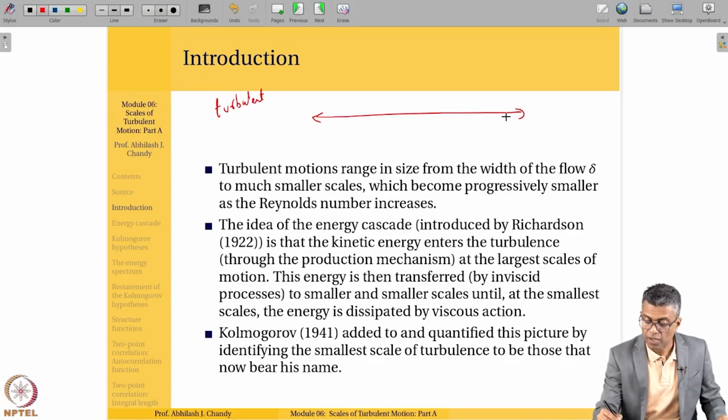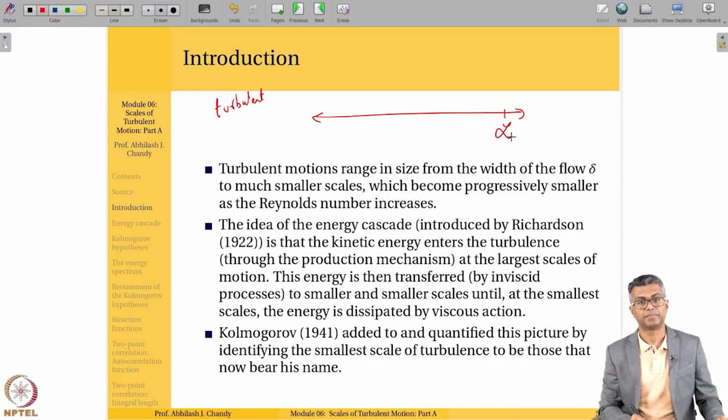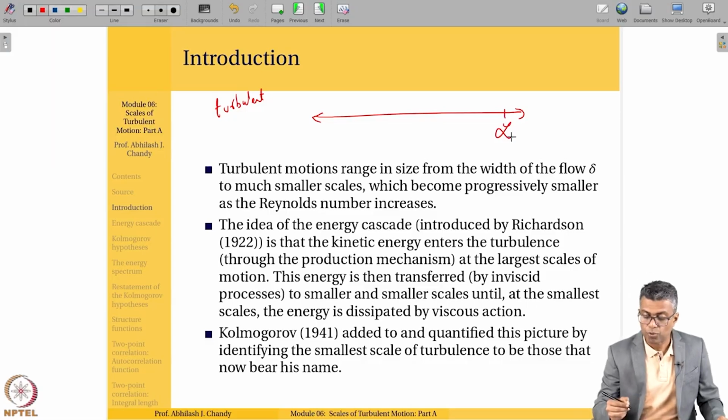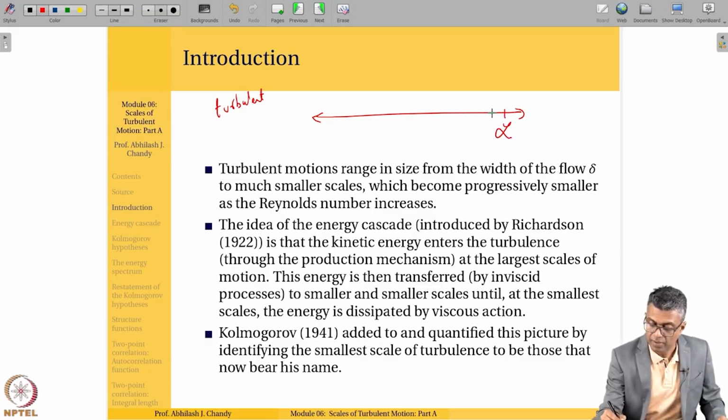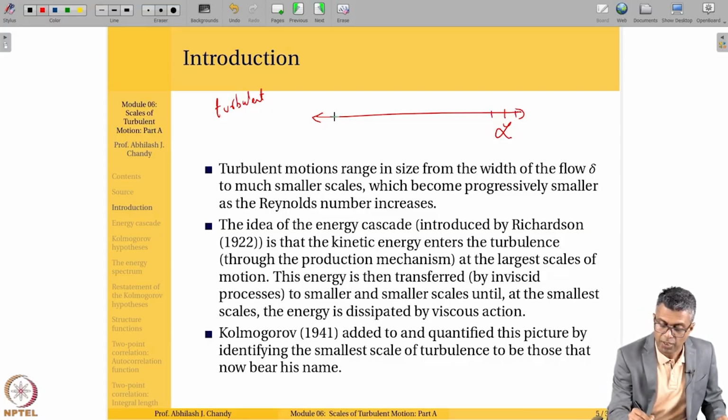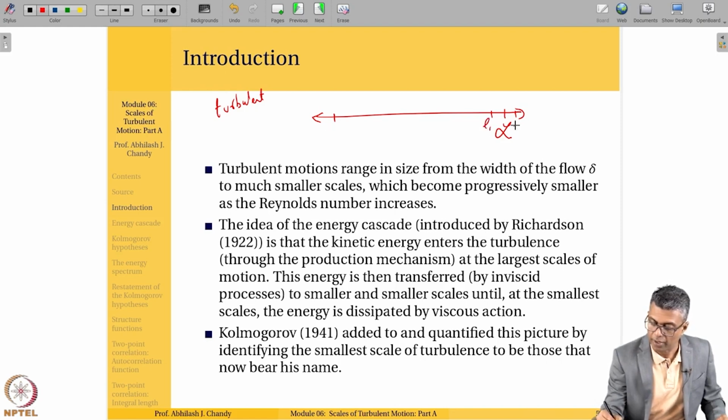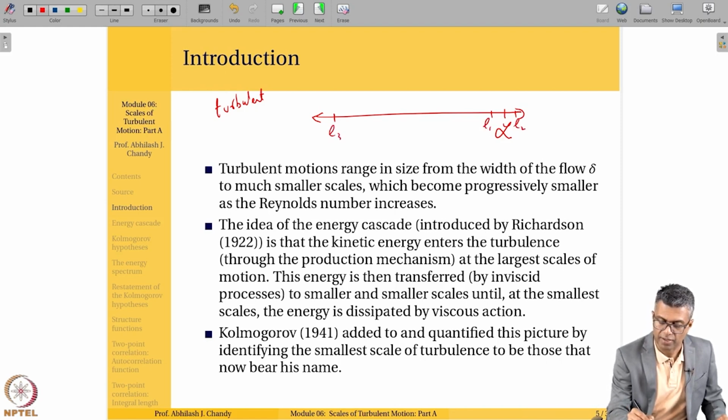So let's say your characteristic length scale, L, is somewhere here. Then you have length scales that are probably very small and very large. So let me just call them L1, L2, and L3.